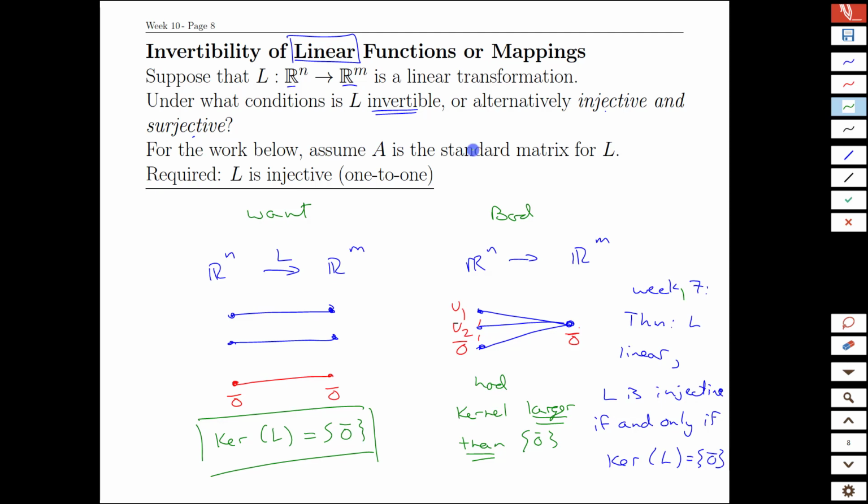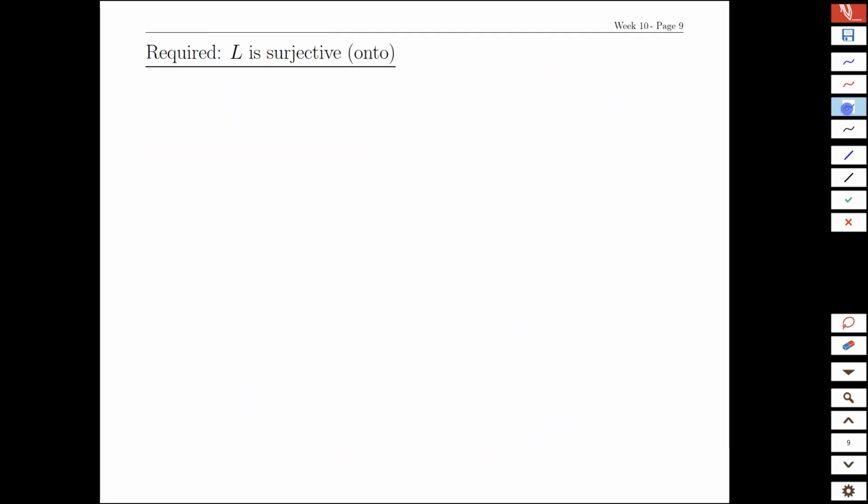All right, well, that's injective. How about surjective? Again, we can do our little want table and things that would be bad. We want from Rn to Rm, and both of these, we want every output point to have a source point. That would be our goal.